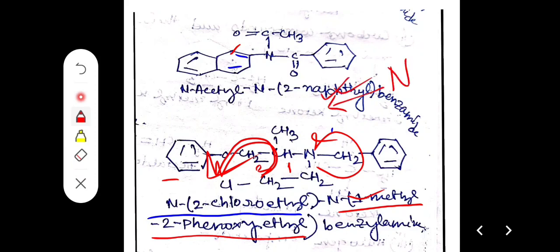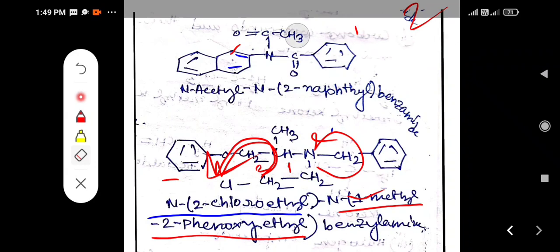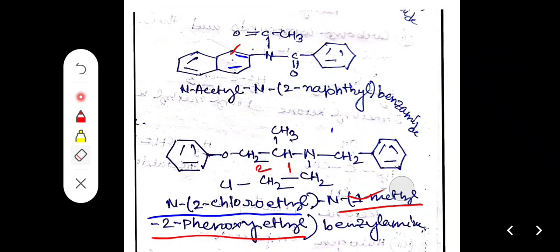Okay, so if N, CH2 and CH2 are there, this will be 1 and this will be 2. Okay. So in this way we can term it 2-chloroethyl.